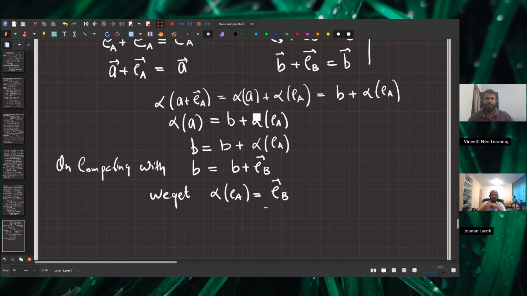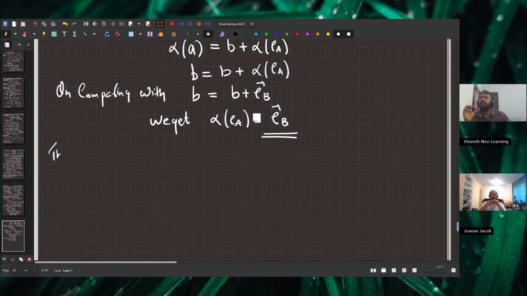Exactly. This means that homomorphism preserves identities.